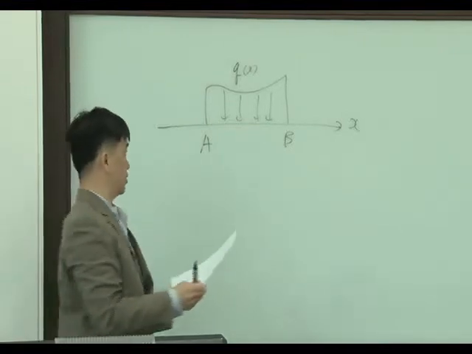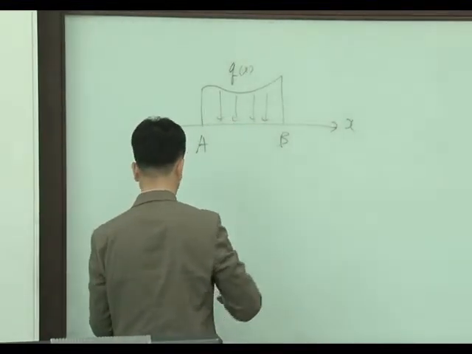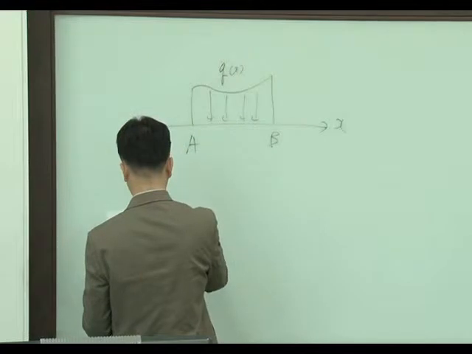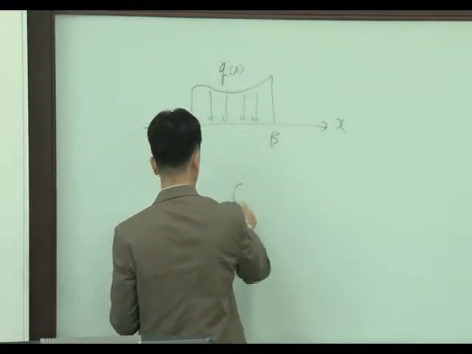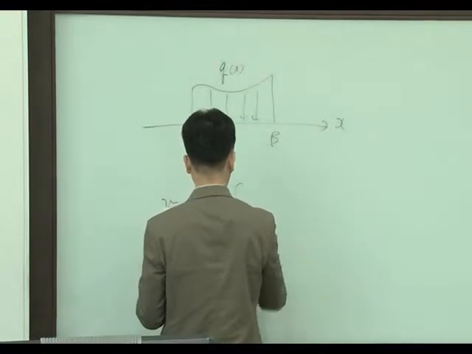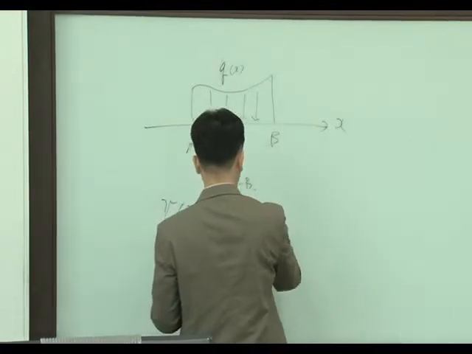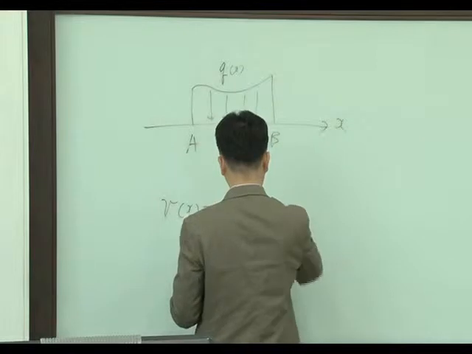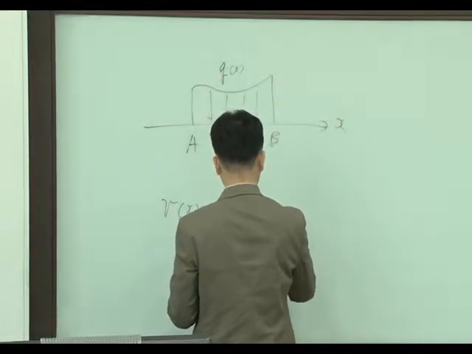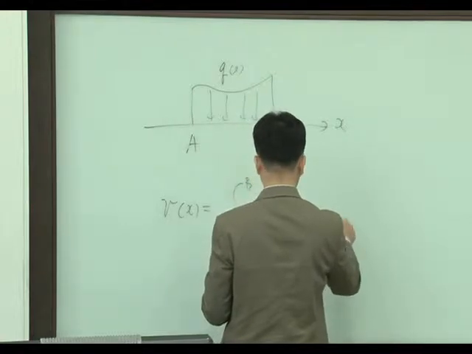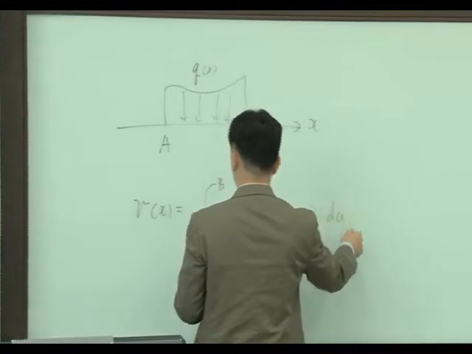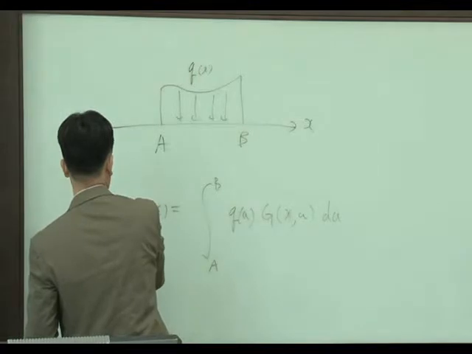How can I calculate the response? By using the Green's function. So V(x) equals the integration from a to b of Q(a) g(x, a) da, right?